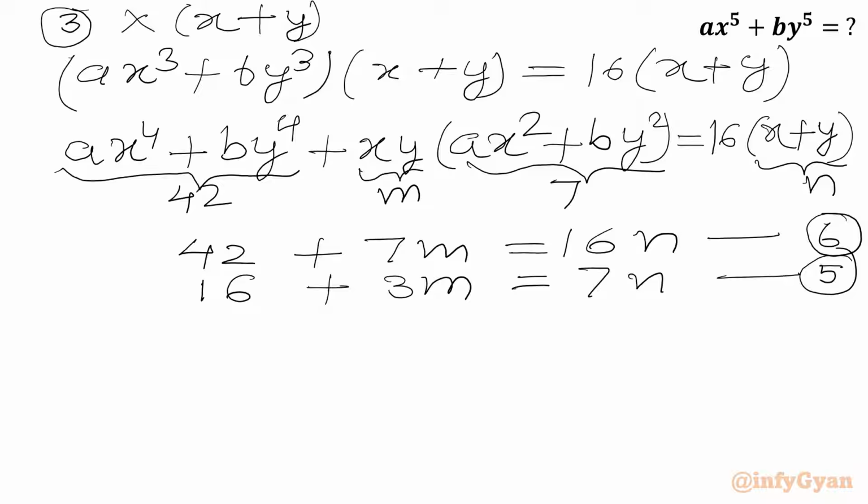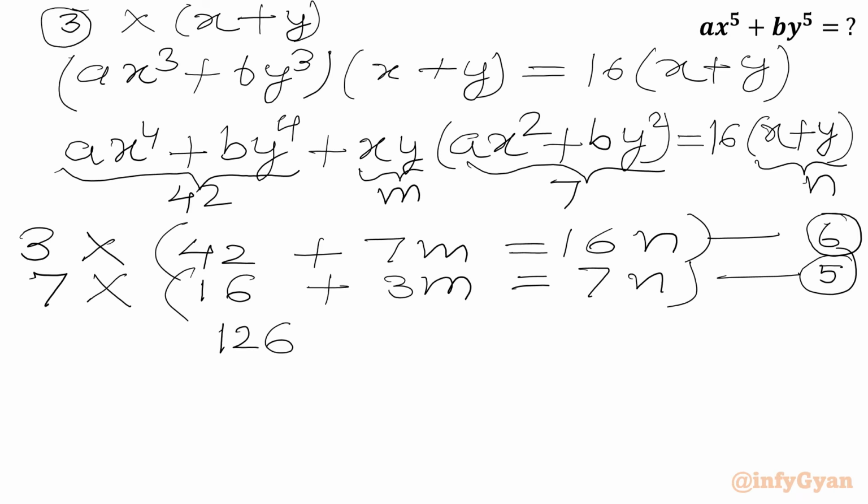Now by the elimination method, I will cancel variable m. So I need to multiply equation number 6 by 3 and equation number 5 by 7. So let us multiply. We will get 3 times 42, 126, 3 times 7, 21m, 3 times 16, 48n.